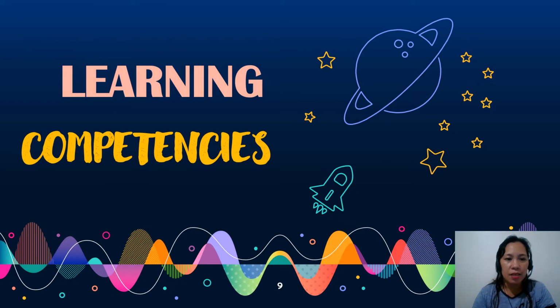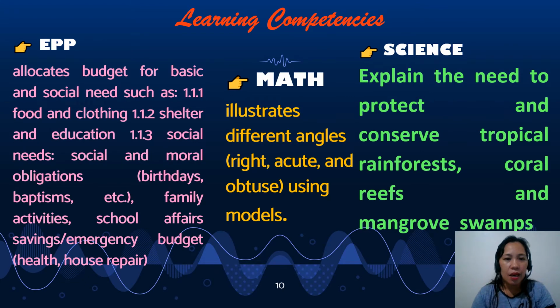Learning competencies. The learning competency for EPP allocates budget for basic and social needs such as food and clothing, shelter and education, social needs, social and moral obligations such as birthdays, baptisms, and etc. Family activities, school affairs, savings, emergency budget such as house repair.